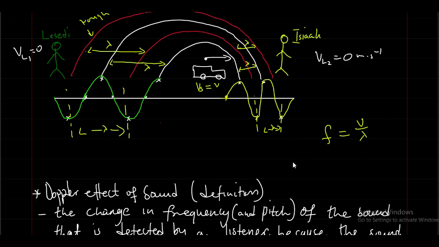So Isaiah will observe a wave which has a frequency that is greater than the frequency of the source, and Lesedi will observe a frequency that is less than the frequency of the sound source.